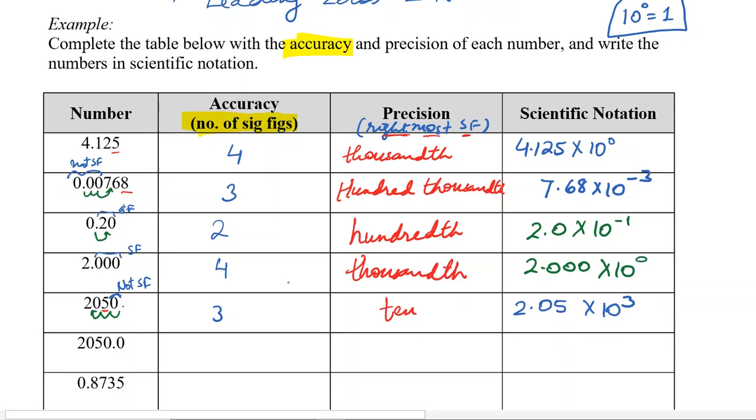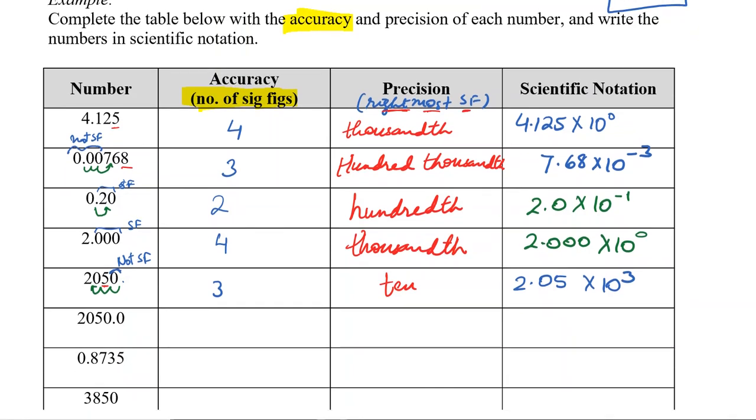Next we have 2050.0. All the trailing zeros after the decimal are significant. So 1, 2, 3, 4, 5. In this case, the number of sig figs is 5. And the precision is 10th.